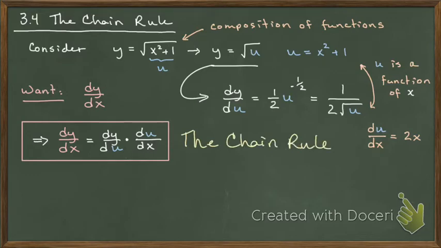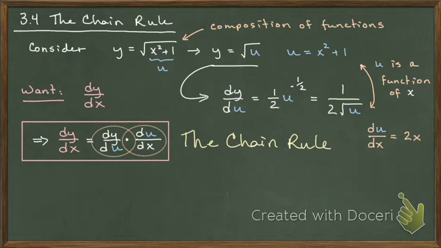And I actually really do like to think about it as chain links that are together, right? To get this overall derivative, I need to take the derivative of the outside function and multiply it by the derivative of the inside function, okay? Now, we won't always just have these 2 layers. There might be 3 layers or 4 layers where we have a bunch of chain rule links all stacked together, okay?